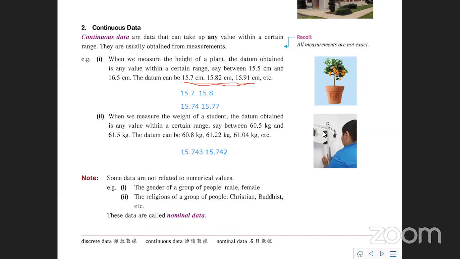But if I have something very high technology, maybe I can measure the height of this plant up to 4 or 5 decimal places. Therefore, in general, the height can be any reasonable value. Reasonable, do you know the meaning of this one?